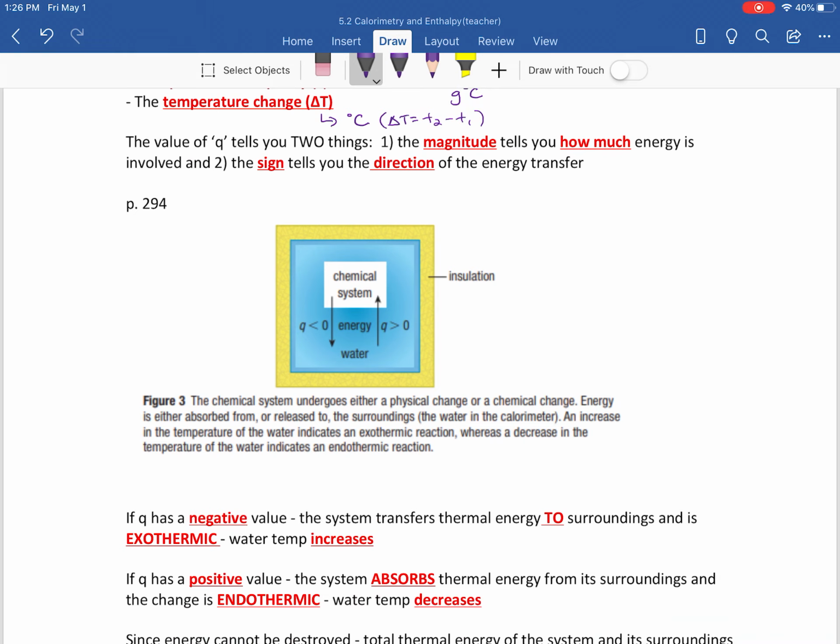So secondly, moving on. The value of Q tells you a couple of things. The magnitude, so the actual number, tells you how much energy we're talking about here. And the sign tells you, is the energy being absorbed or is it being released?